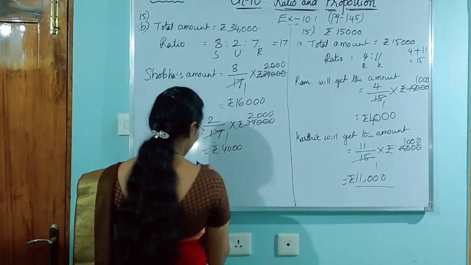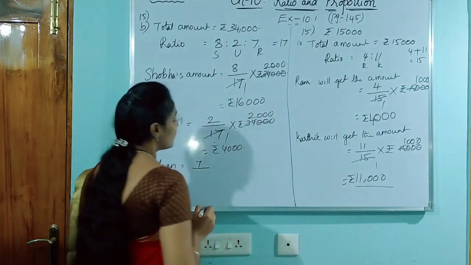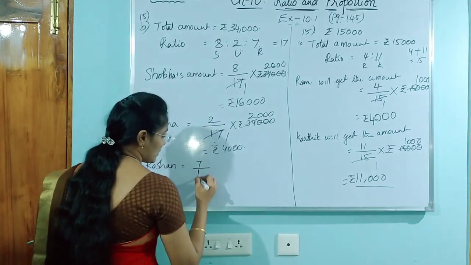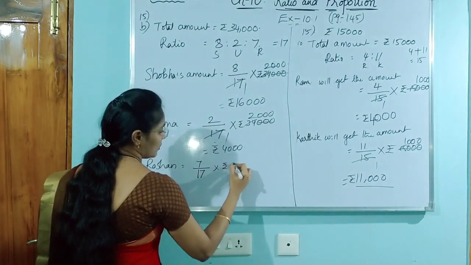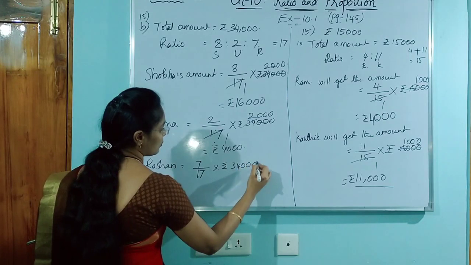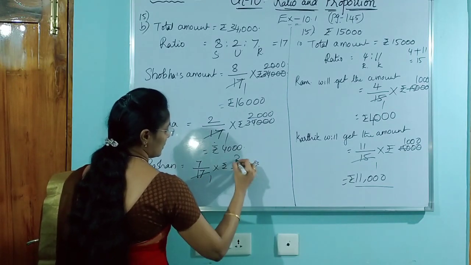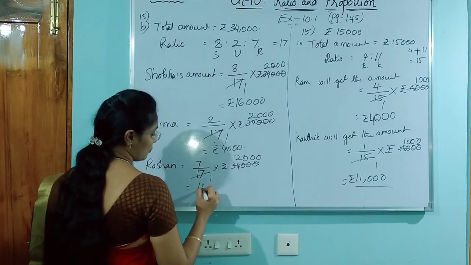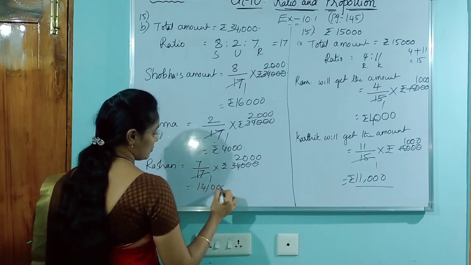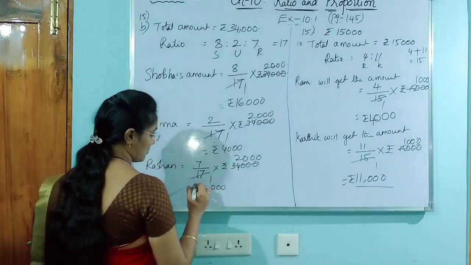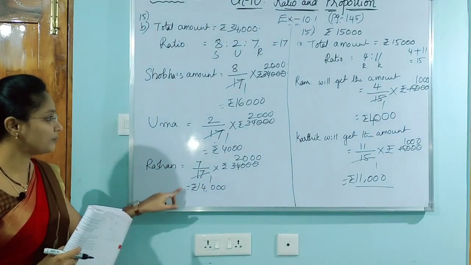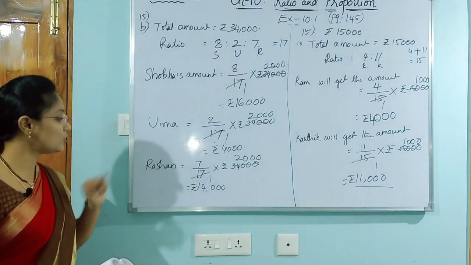Roshan's term 7 by sum of the terms, 17, into 34,000 rupees. 17 ones are 17, 17 twos are 34, 2000, 7 into 2000, 14,000 rupees is the amount of Roshan.